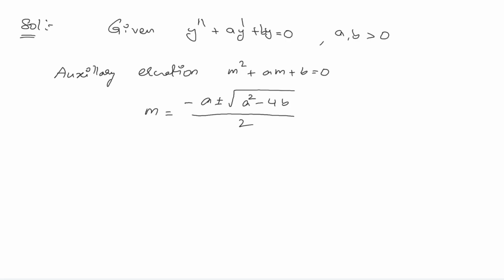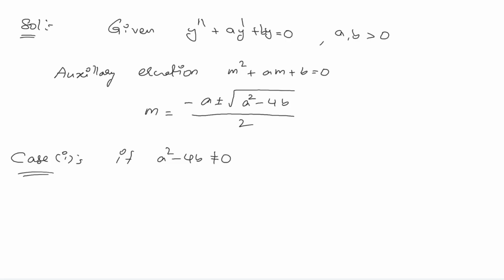But whenever we consider a and b in such a way that a^2 - 4b is not equal to 0, then we get two different roots. So we consider two cases here. Case 1: a^2 - 4b is non-zero.